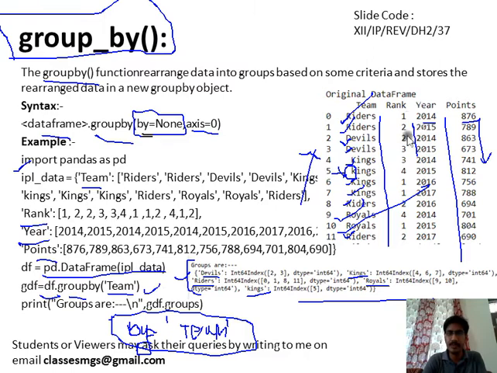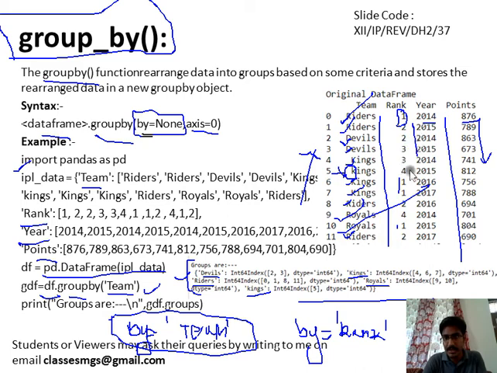Okay, and if someone asks, suppose you pass by equals to rank, not the team, then what will happen? It will create rank wise groups. So how many unique ranks are there? One is repeating 4 times, so one group will be created. Then 2 is repeated 3 times, so that will be another group.